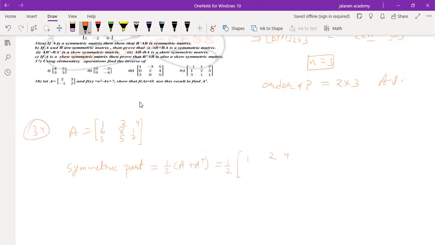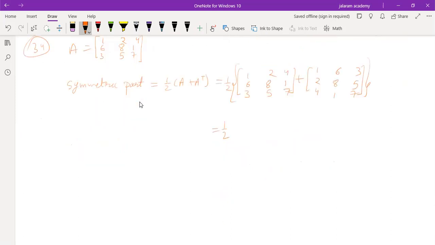That is half of A, which is 124, 681, 357, plus A transpose, 124, 681, 357, equals half of 1 plus 1 is 2, 2 plus 6 is 8, 4 plus 3 is 7, 6 plus 2 is 8, 8 plus 8 is 16, 1 plus 5 is 6, 3 plus 4 is 7, 5 plus 1 is 6, 7 plus 7 is 14.